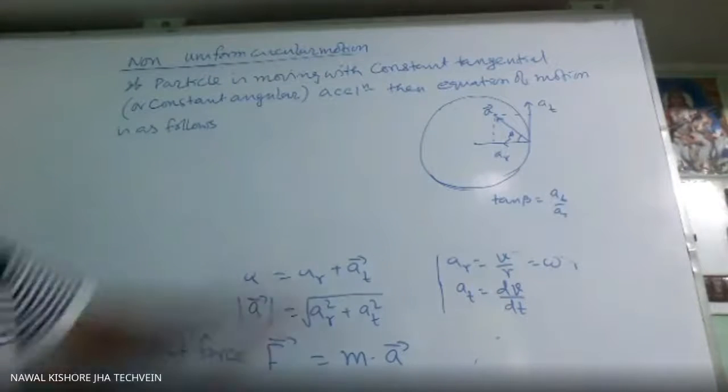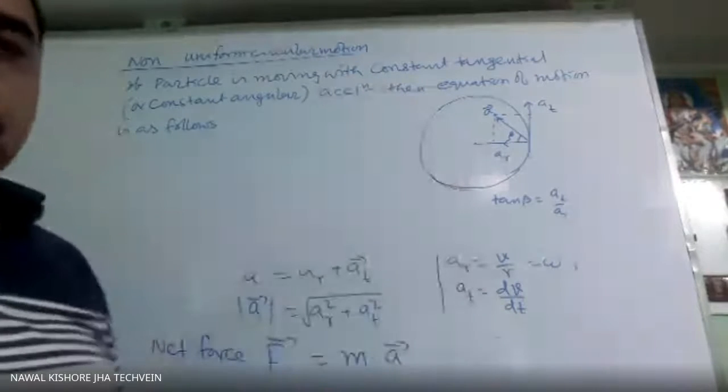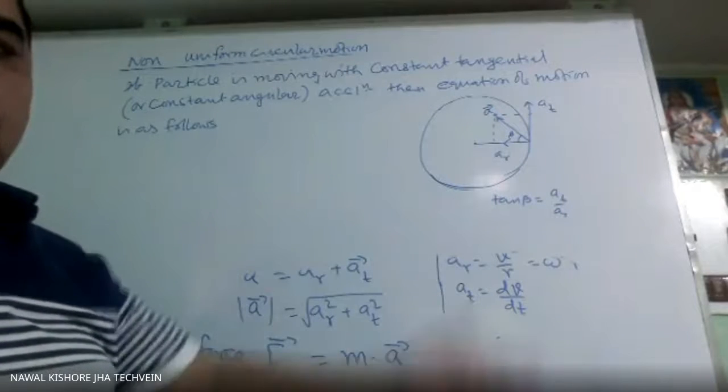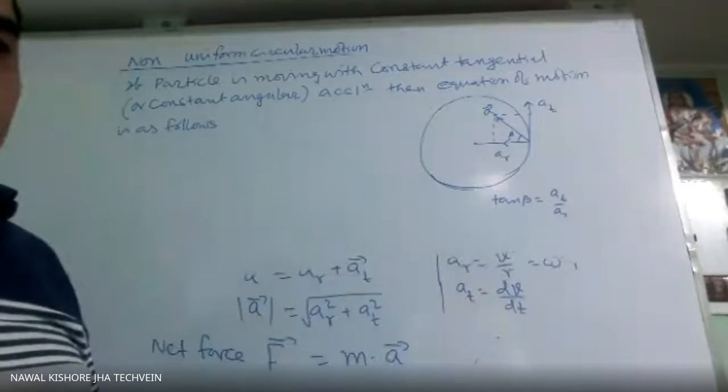If tangential acceleration is constant, we can apply V equal to U plus AT. The particle is moving along the tangent, so the linear motion equations you can apply.